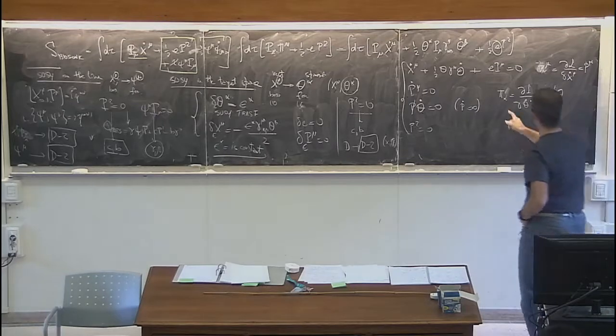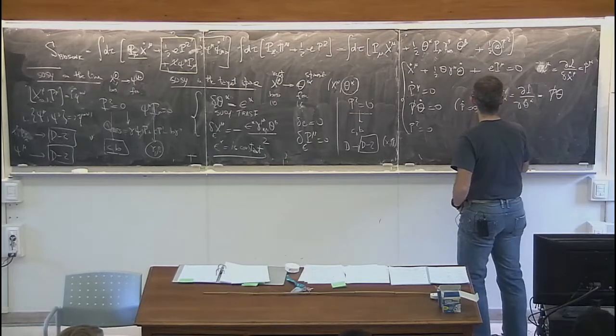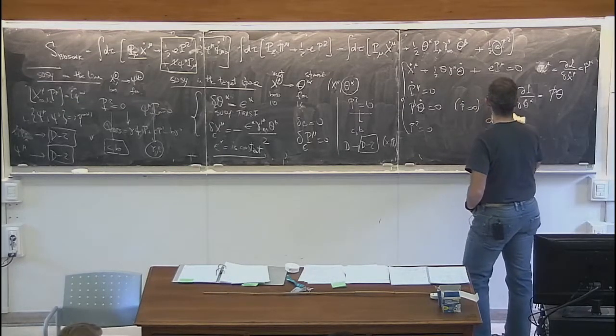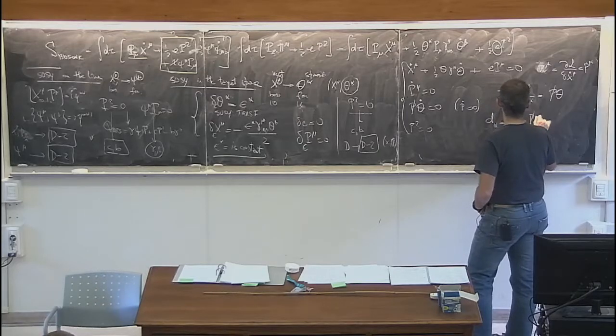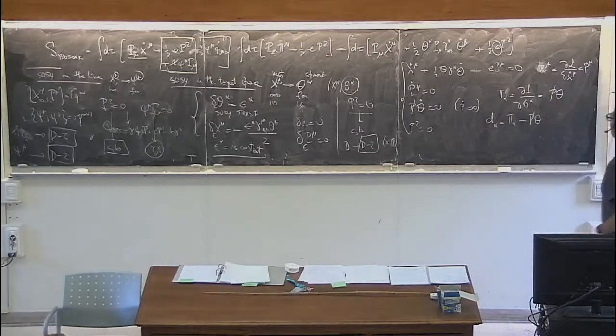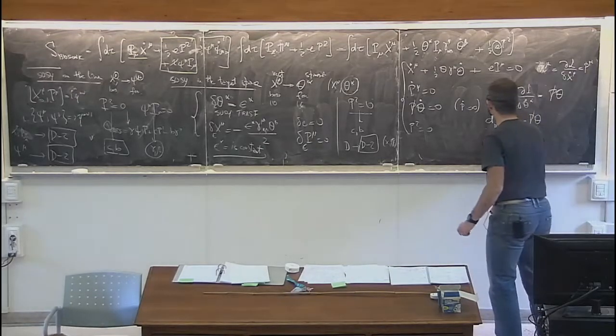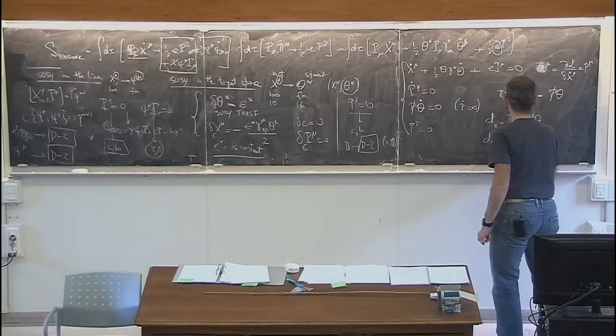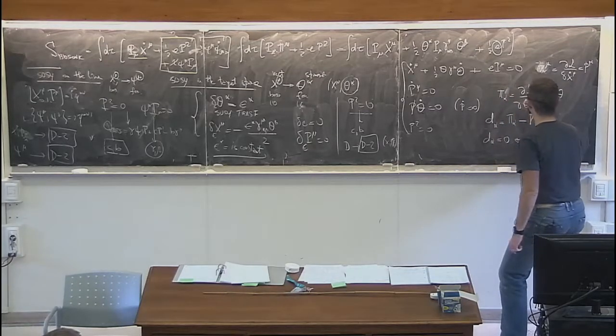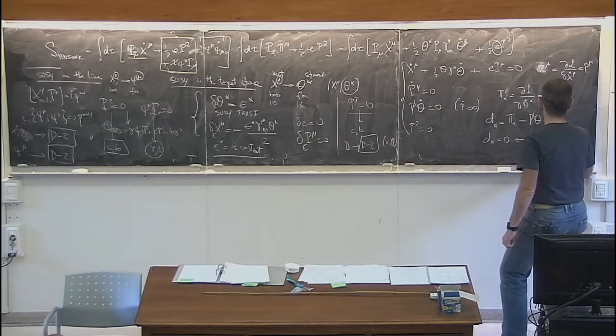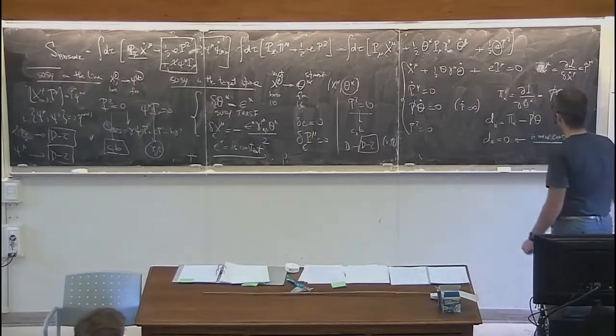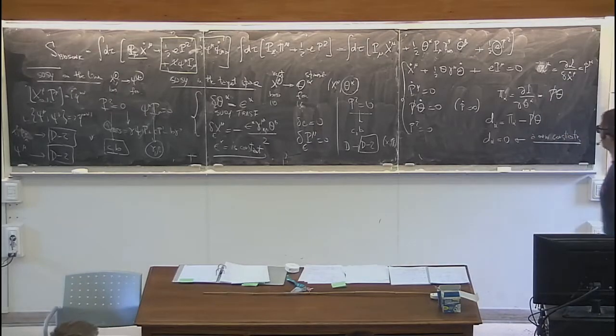So this means the following. If I define D_α as π_α minus p slash θ, then the fact that D_α is 0 is a new constraint. So I have two constraints.